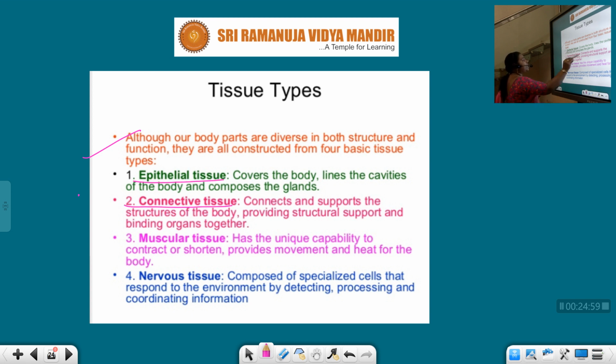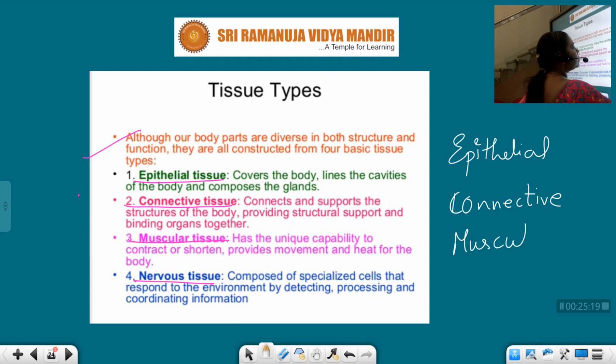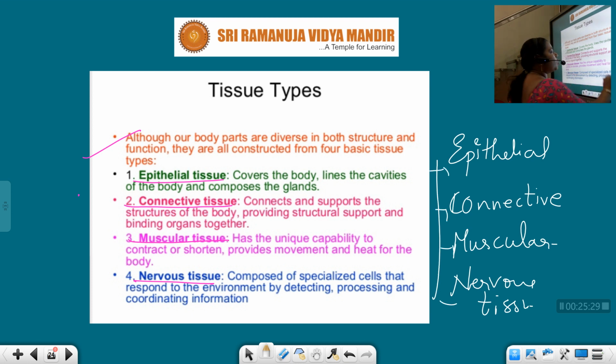Epithelial tissue, connective tissue, muscular tissue, and the final one is nervous tissue. So the basic 4 types of tissues in our body are epithelial, connective, muscular, nervous.